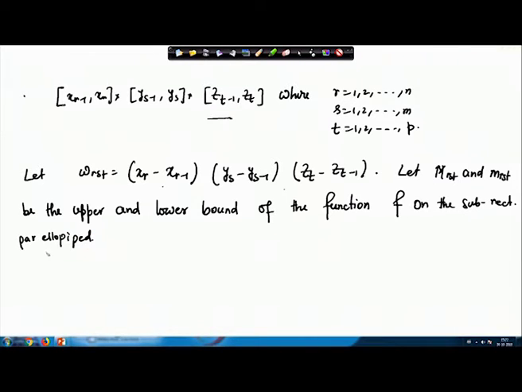Sometimes this spelling might be wrong, so don't worry about it. You can correct that. So this spelling is not an issue.